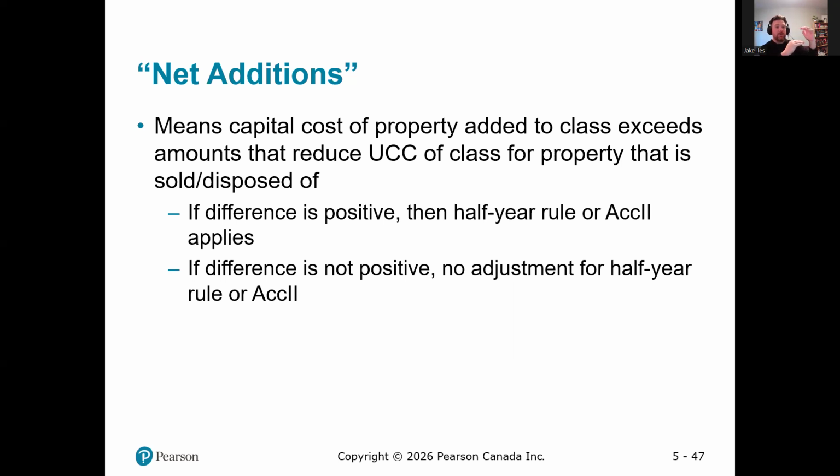So if our disposals, if we got rid of more than we added, that means our net additions is negative, and you never need to worry about the half-year rule or the AccII. So if the difference is not positive, there's no adjustments for half-year or AccII. If the difference is positive, then the half-year rule and AccII apply, but they undo each other, so we don't worry about it.